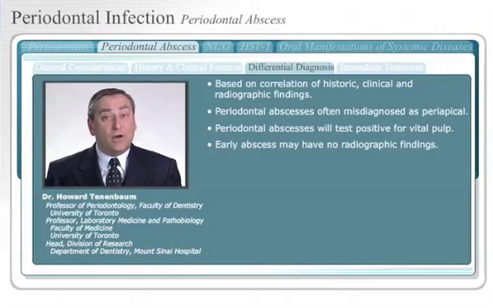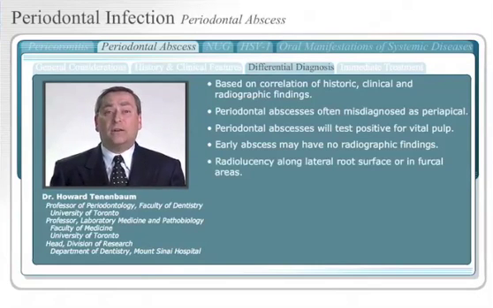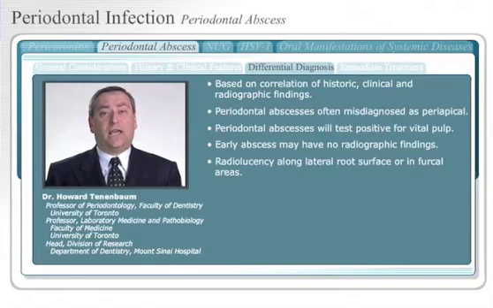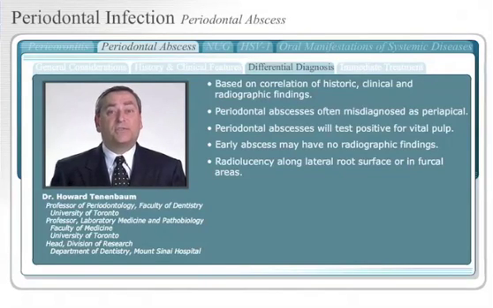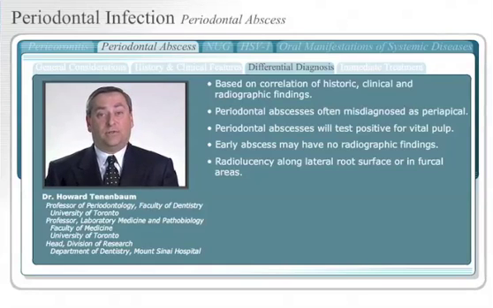Early abscesses may not present any radiographic changes. However, a radiolucent area along the lateral root surface or in a furcal area suggests the presence of a periodontal abscess. The presence of a periodontal pocket and a communication between the gingival margin and the abscess area may be of more diagnostic value than radiographic appearance.